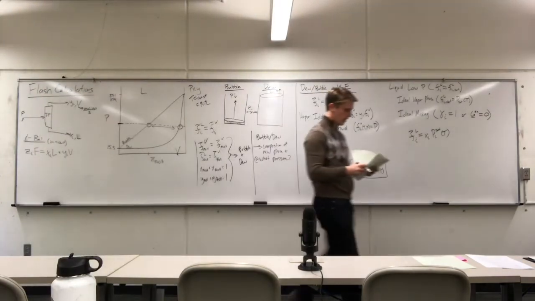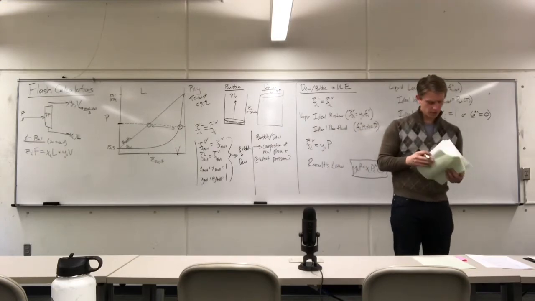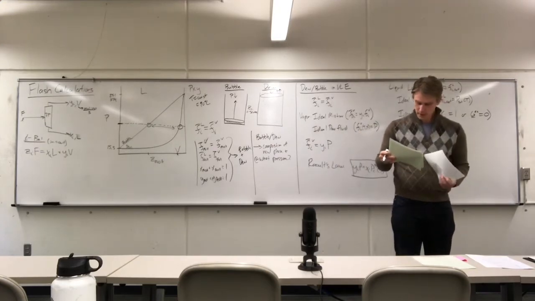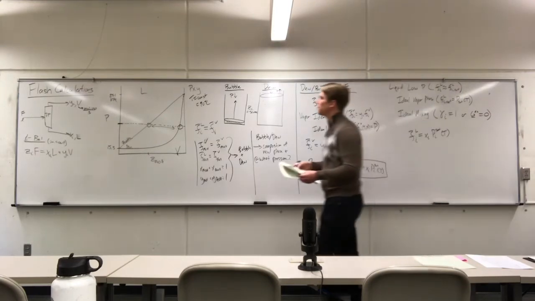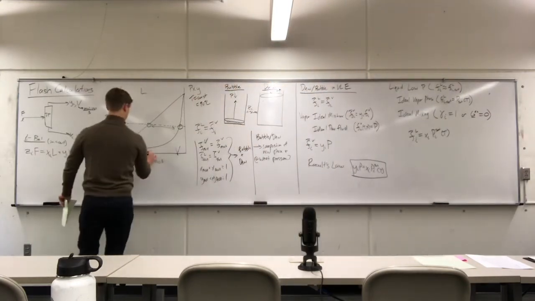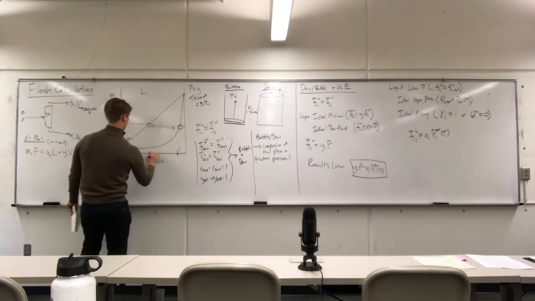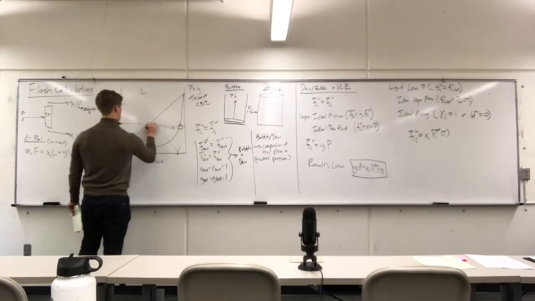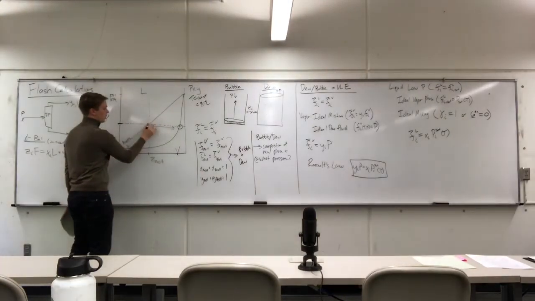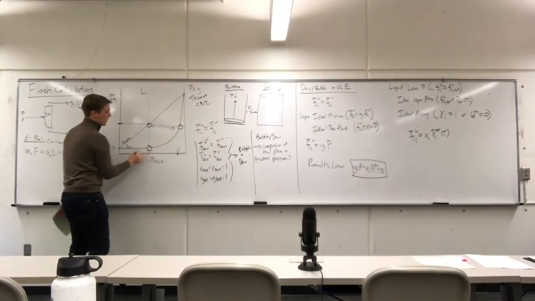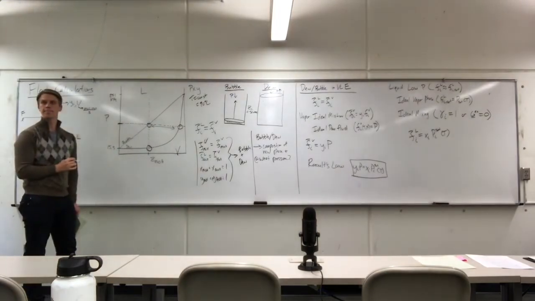Which one did I already calculate so I can tell everyone what we should start with? Let's see, a 50-50 mixture. Okay, so for a 50-50 mixture, let's say this is 50-50 here, even though it doesn't look quite like it. We're going to be solving for this point here and for this point here.